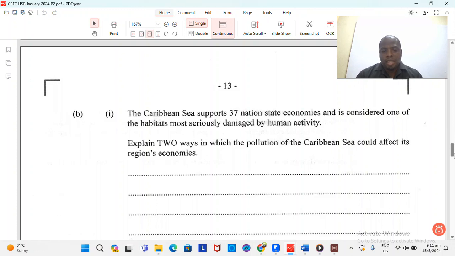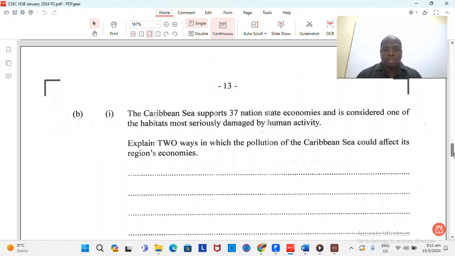So once you get a question that says economy, you're going to think of how it's going to cost more money, or how it's going to allow persons to lose money. So, two ways in which pollution will affect the economy. This is something negative because it's pollution, so how is it going to negatively cause Caribbean countries not to acquire the funds that they need, or not be able to maximize them.